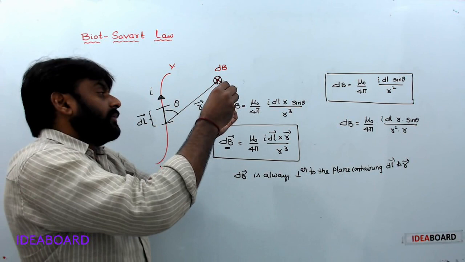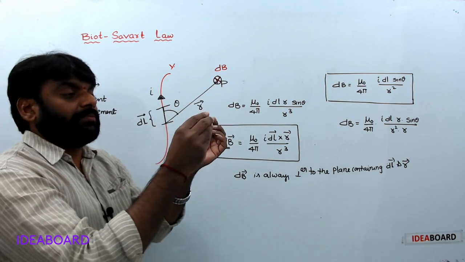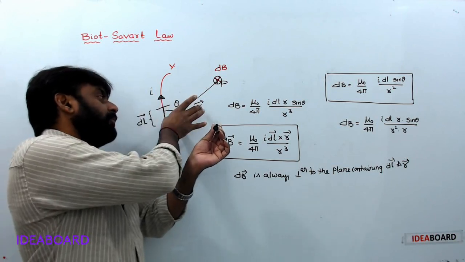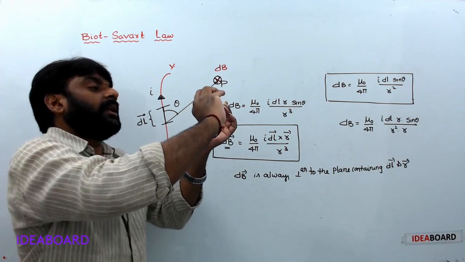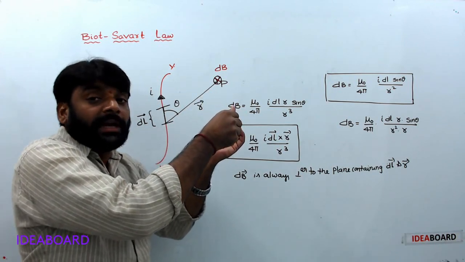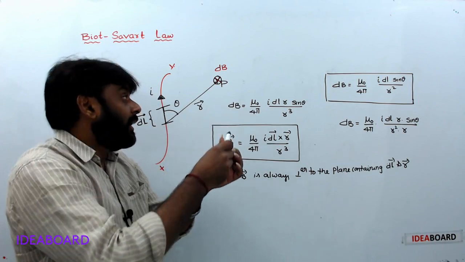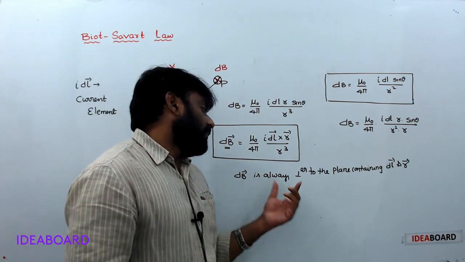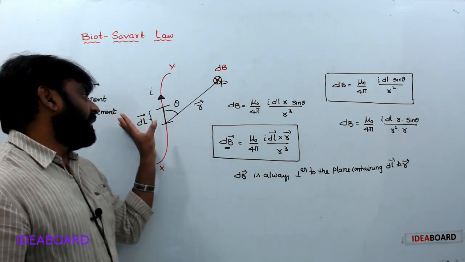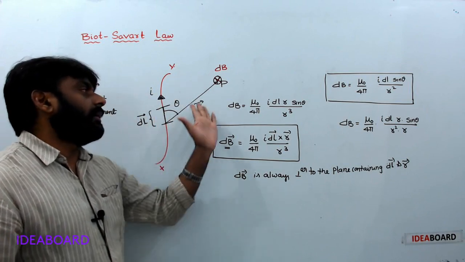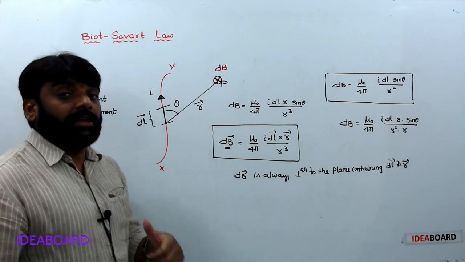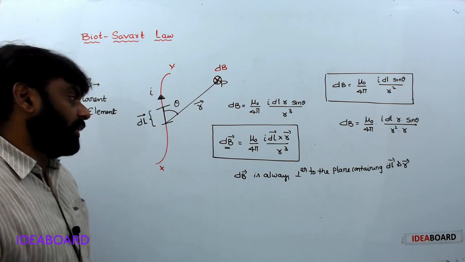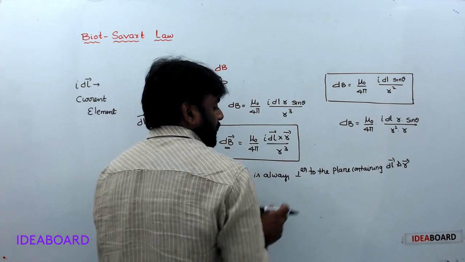Moving from the current element to the position vector means it moves inwards, so the field direction is inwards. That means the field is perpendicular to the board. Understood? It is the vector notation.